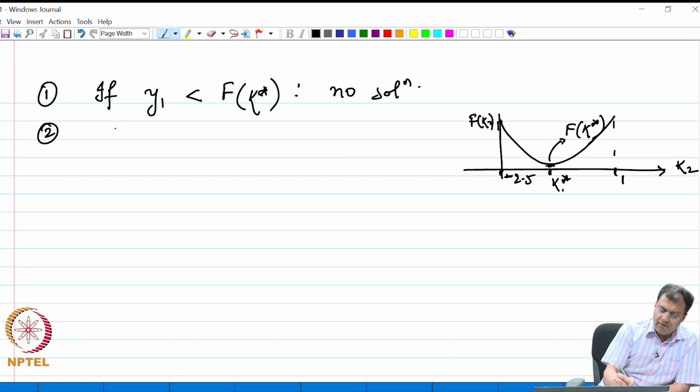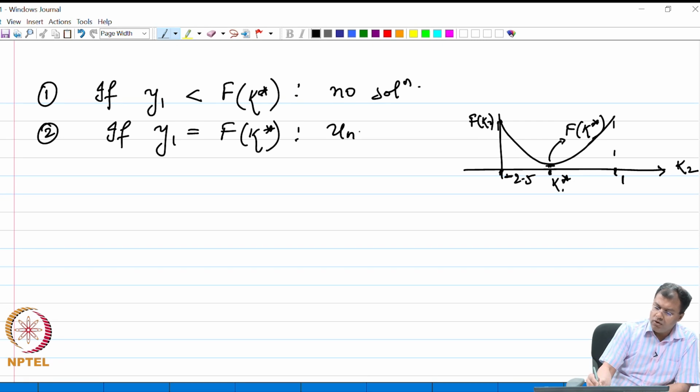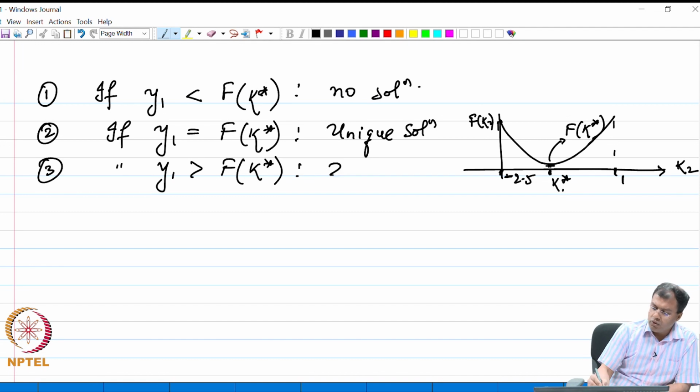On the other hand, if I have that y1 is identically equal to f of kappa star, then I have a unique solution to my extremal problem given by the value of kappa star, the constant. On the other hand, if I have y1 greater than f of kappa star, we see that there are two solutions possible, and it turns out that out of these two solutions, one will be a minima and one will be a maxima.